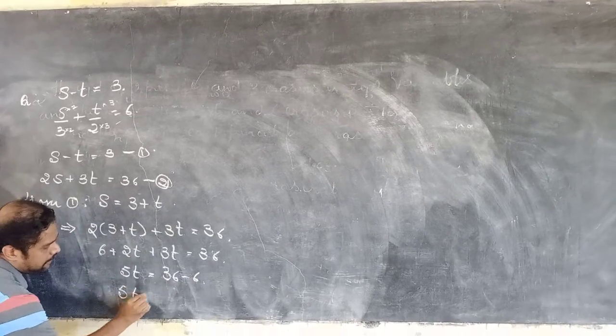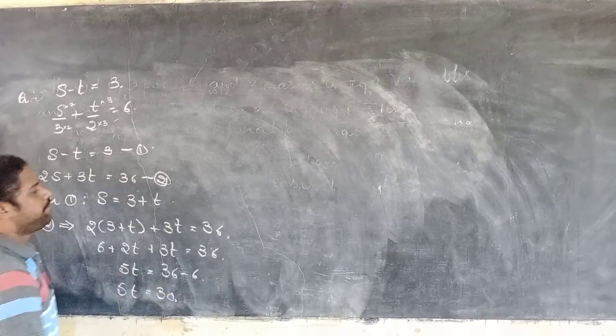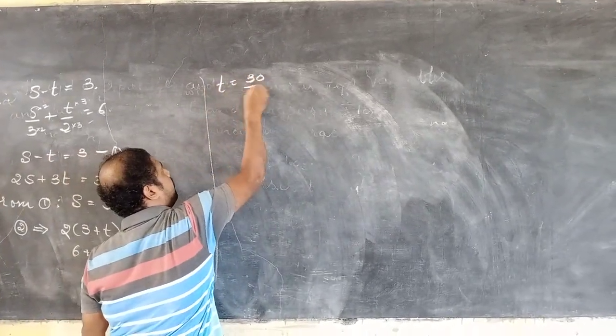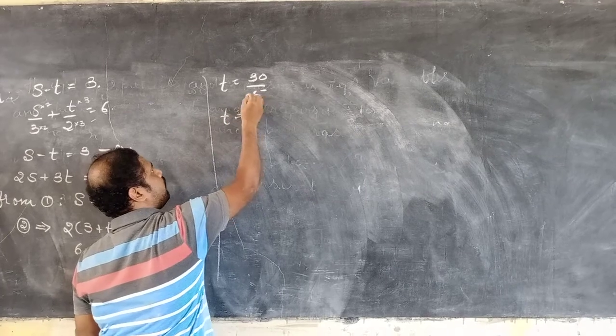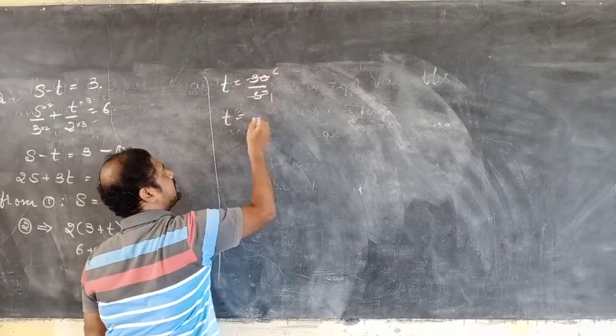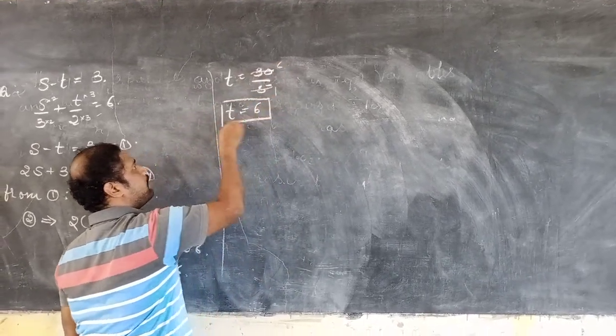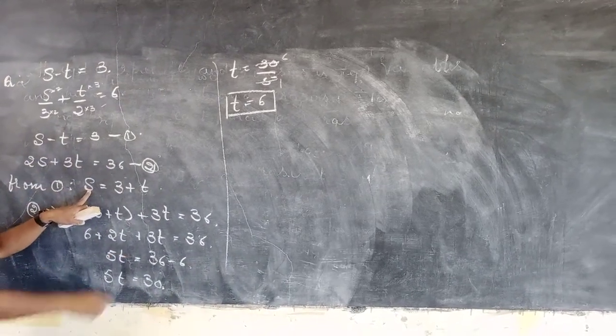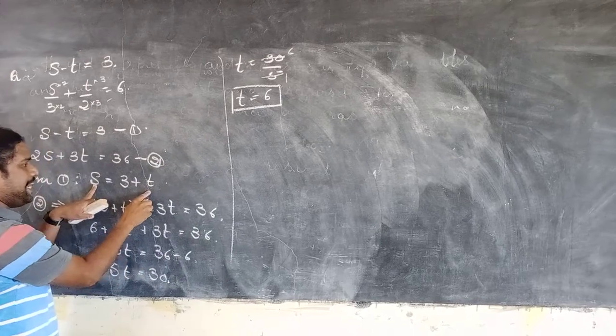So 5t is equal to 30. Therefore the value of t is equal to 30 by 5. So t is equal to 6, since 5 sixes are 30. Now directly we can find the value of s by substituting this value of t.